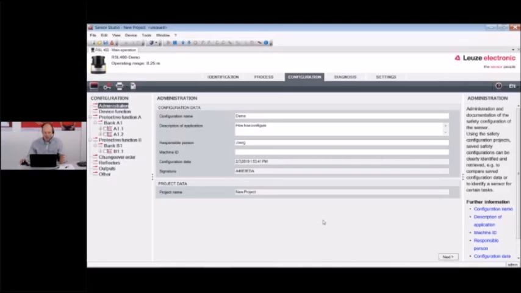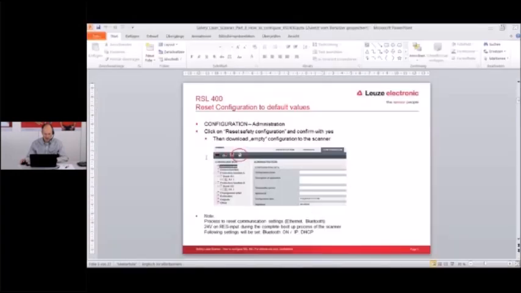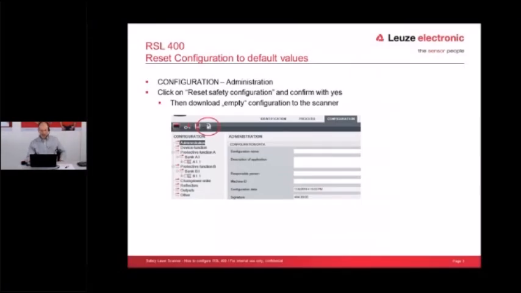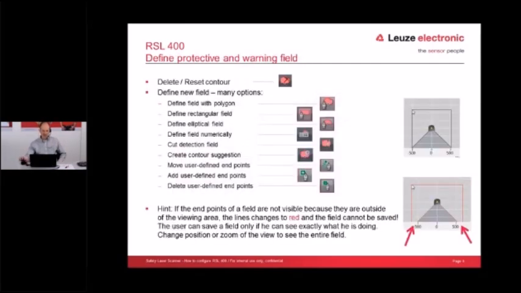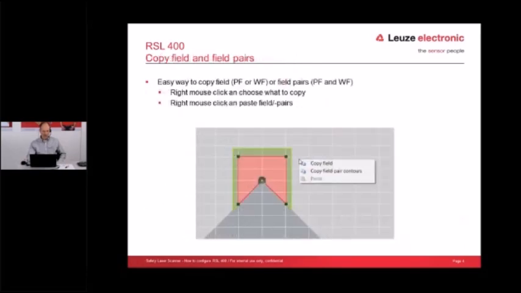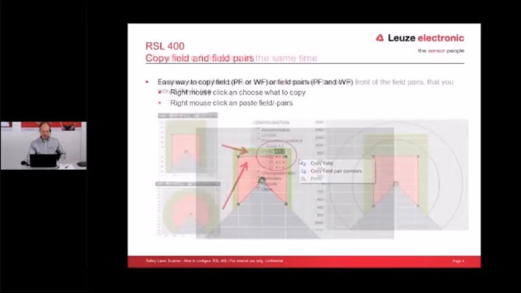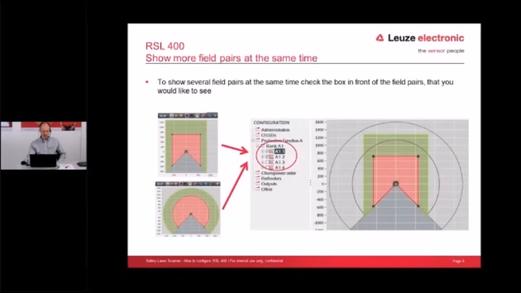Of course, there are more details how to do settings and so on. Therefore, I would like to go quickly back here for a second to the PowerPoint. Here you are able to get some more information in detail. You see the overview of the different ways of how to do fields, how to modify fields, and here copy field pairs, showing all of them at the same time.